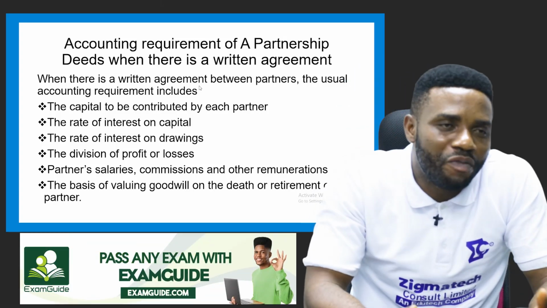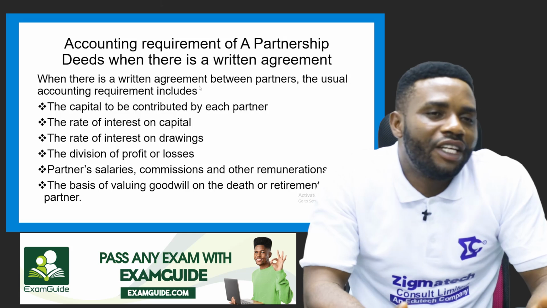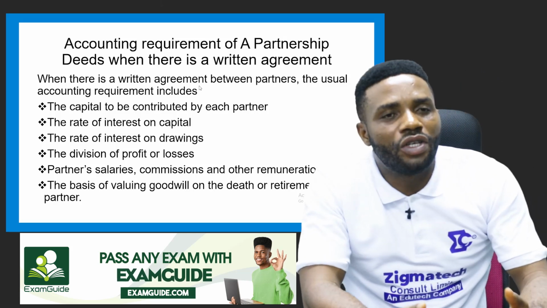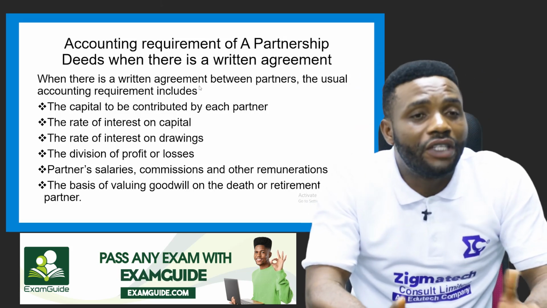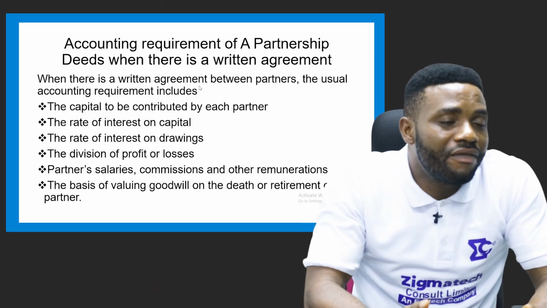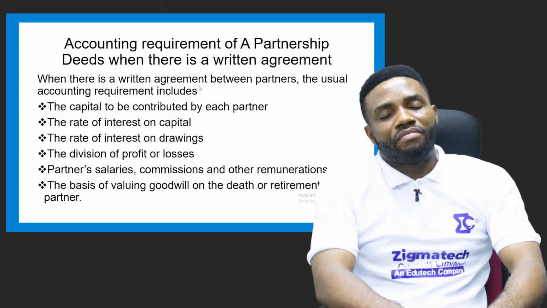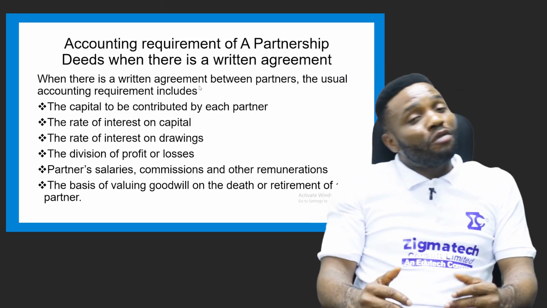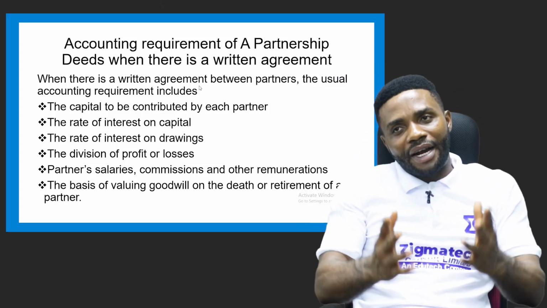The salary that needs to be paid, the commissions that need to be given, and the remunerations are all motivational packages for the active partner, and they must be spelled out in the partnership deed.